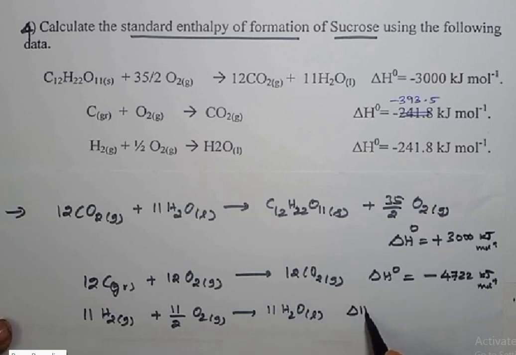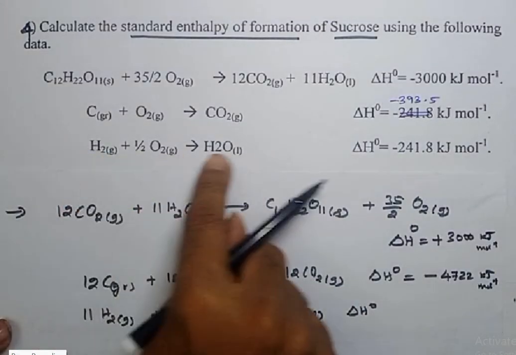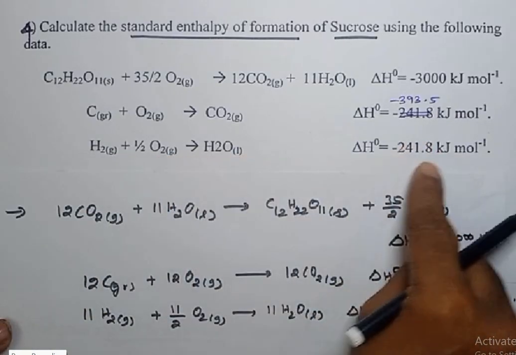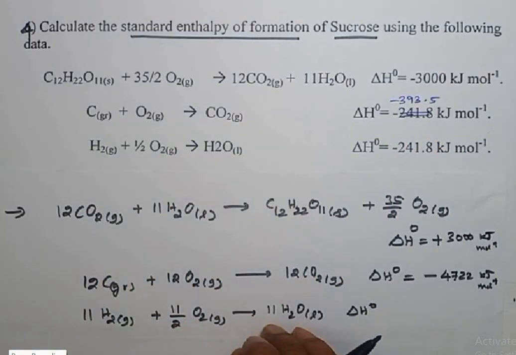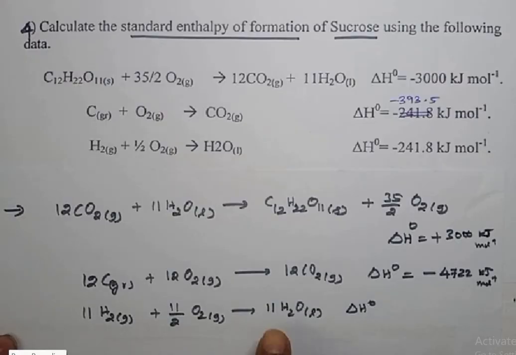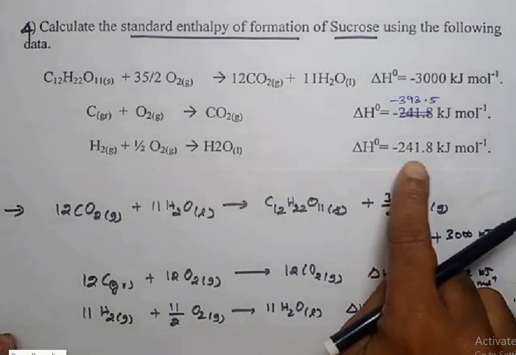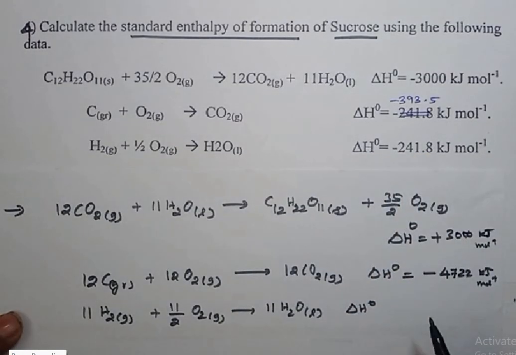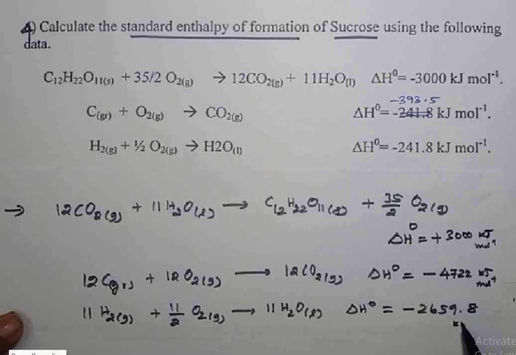I have multiplied this reaction throughout by 11, so multiply this quantity by 11. If I multiply the delta H naught by 11, we get minus 2659.8 kilojoule per mole.